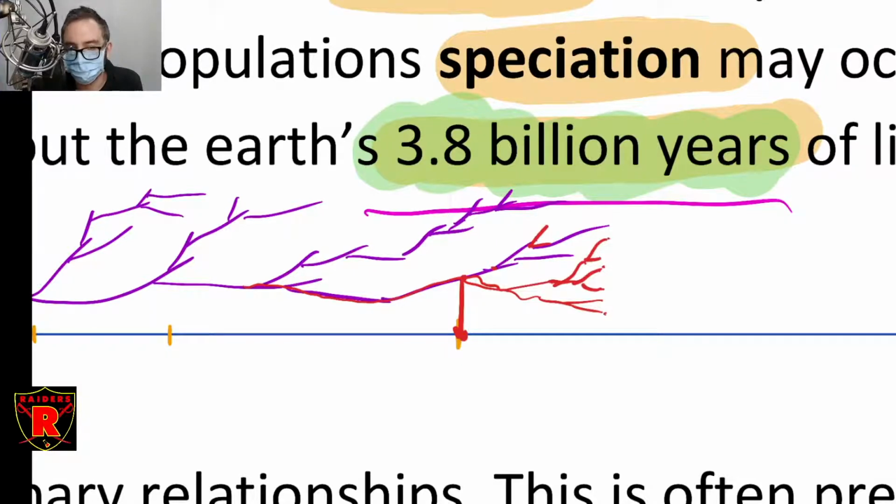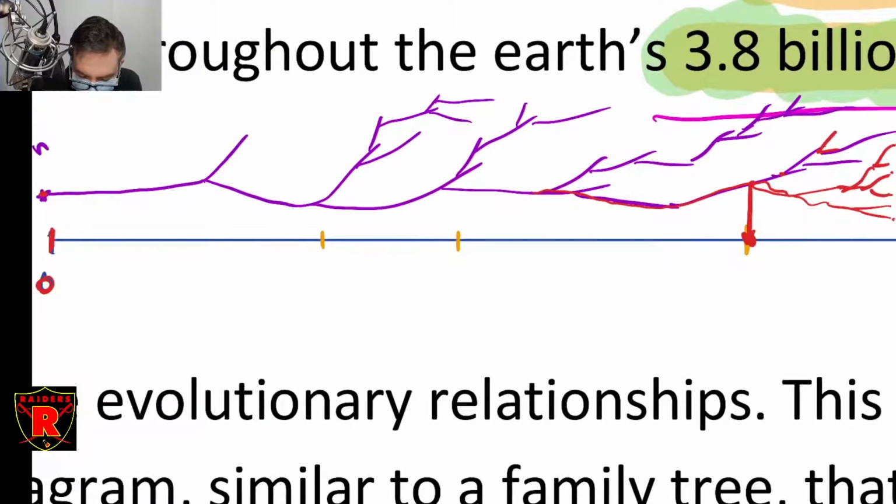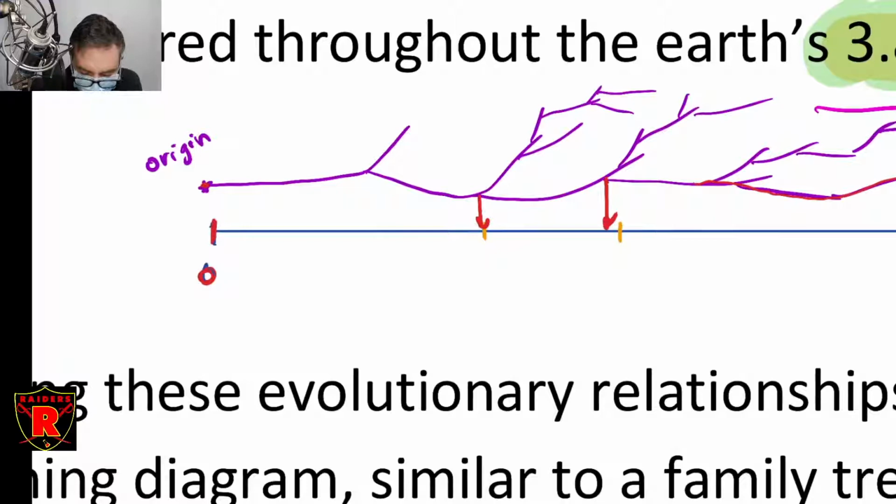We look at the number of differences between us, and then we can get a rough estimate for how long ago we split off from a common ancestor with them. And so using that evidence, we can figure out, okay, well, we split off from the nearest ancestor, chimps, 10 million years ago or something like that. And we can keep doing that all the way back, figure out when we split off from plants or when we split off from protists or whatever.